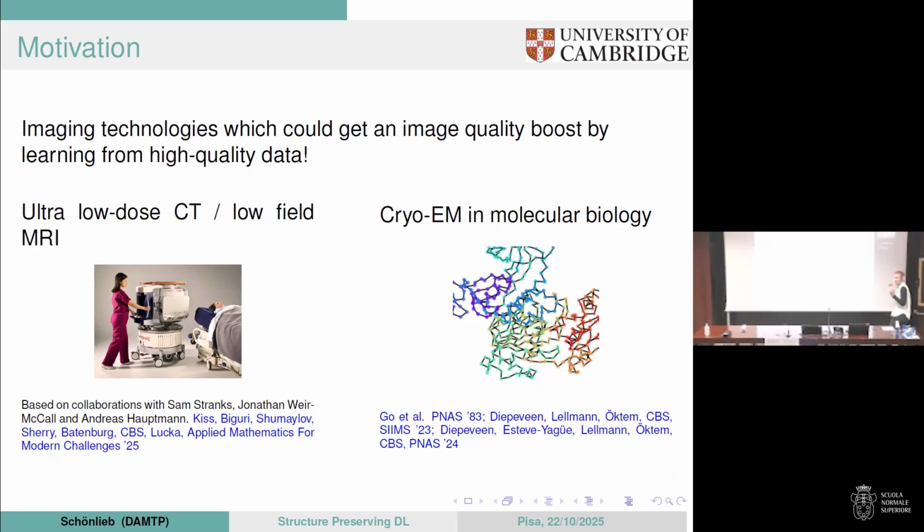These are extremely high noise measurements because you can't shoot a lot of energy onto these specimens, because otherwise they die.